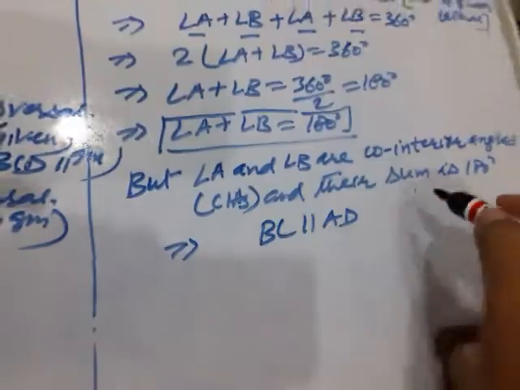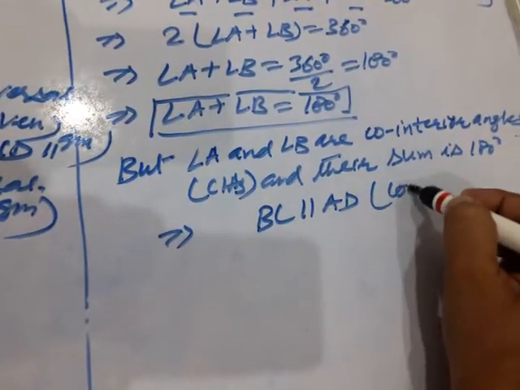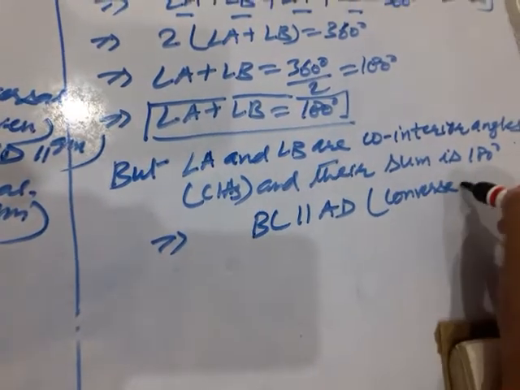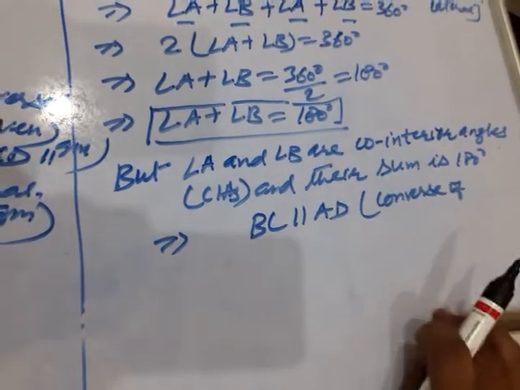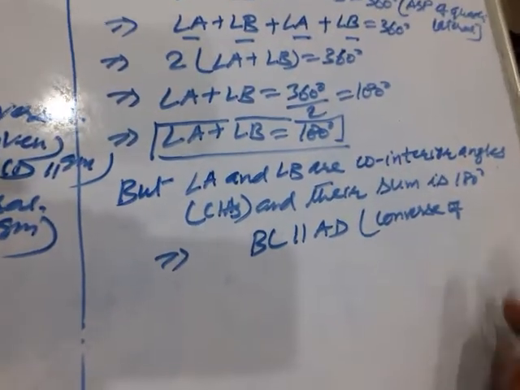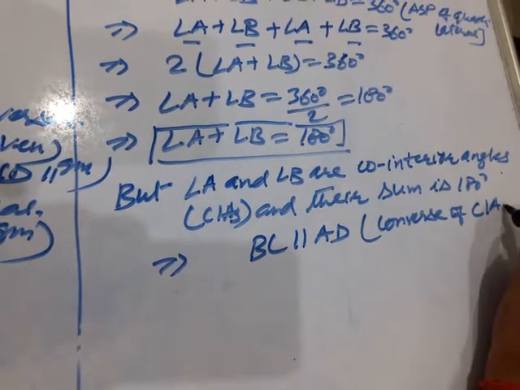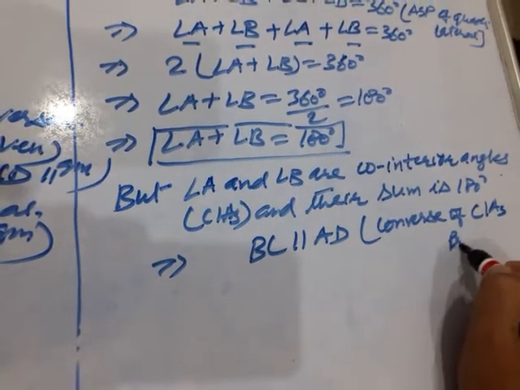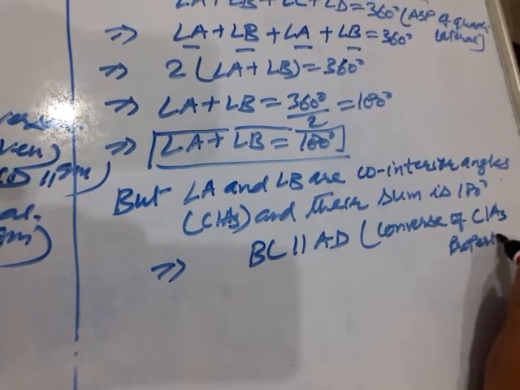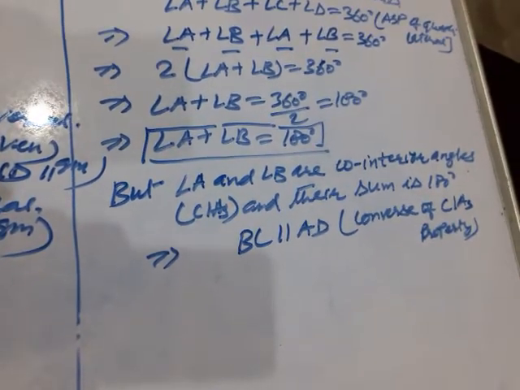What is this property known as children? Converse of CIAs property.